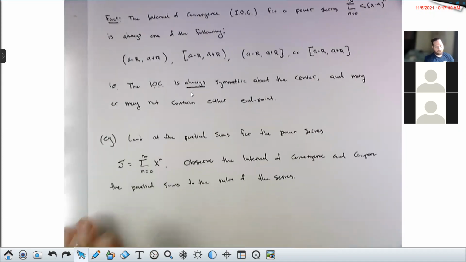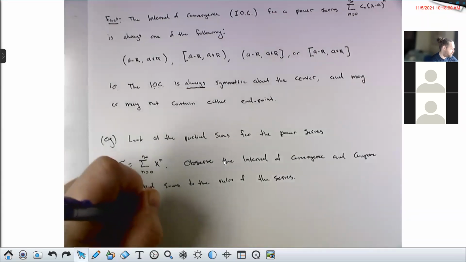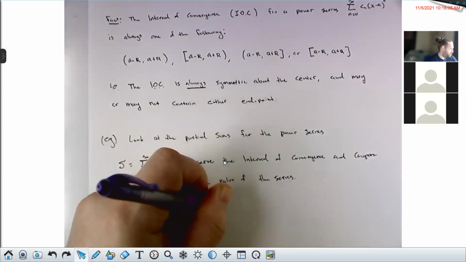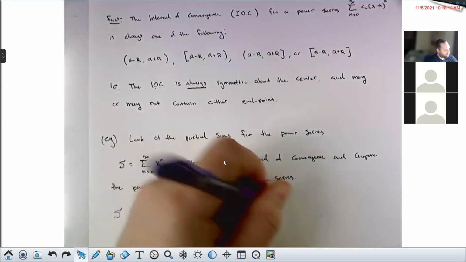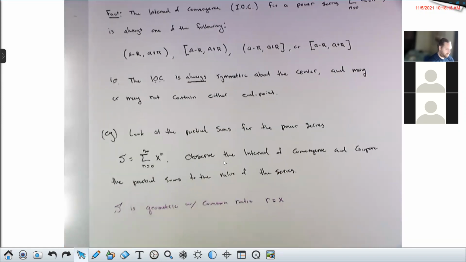All right. So I claim that we can find the value of this series. It's something we know how to do. This is, again, geometric. Let's do that first, so I know what to compare to. And let's also cook up our interval of convergence. So S is, again, geometric with common ratio r equals x, right? This is just sigma x to the n. So the common ratio there is x.